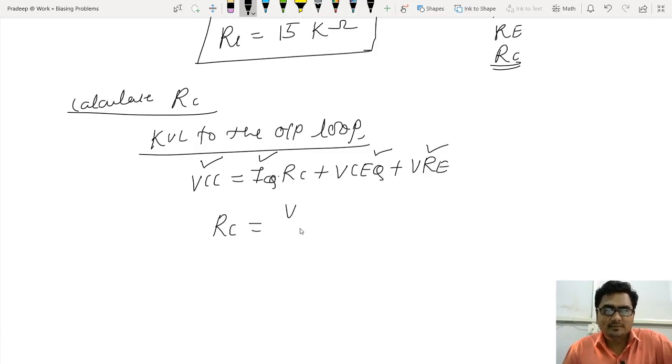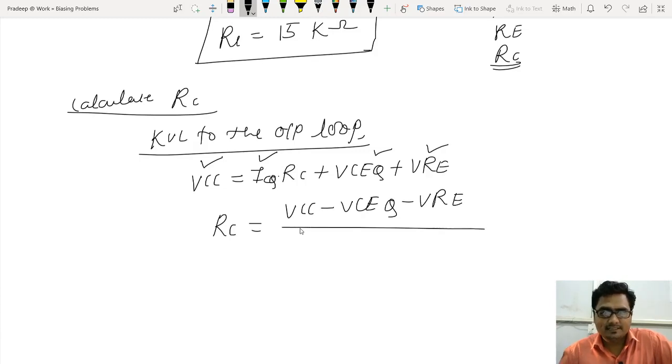So RC will be VCC minus VCEQ minus VRE divided by ICQ. Now put all those values. VCC, I think it is 12, now 15. VCEQ is 5.5 or 6.5, sorry, 6.5. VRE is 3 volt given, and ICQ is 5.5 milliamperes.